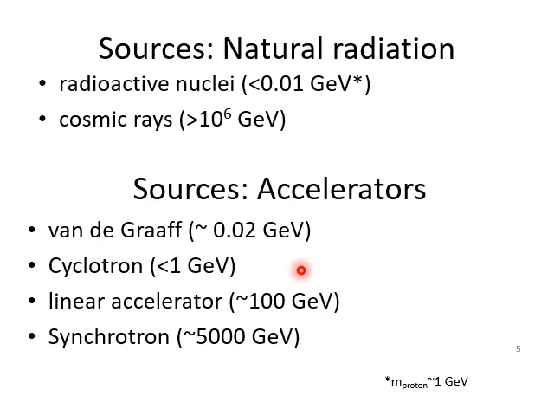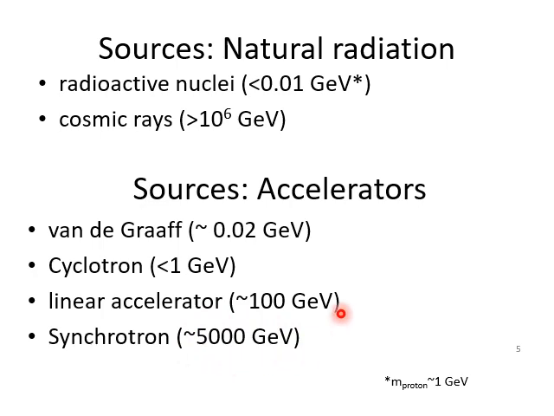And that's achieved with linear accelerators. The linear accelerator at Stanford, SLAC, has an energy of about 100 GeV right now. And then with synchrotrons, and in particular with hadron accelerators, we're able to achieve energies up to 5,000 GeV.